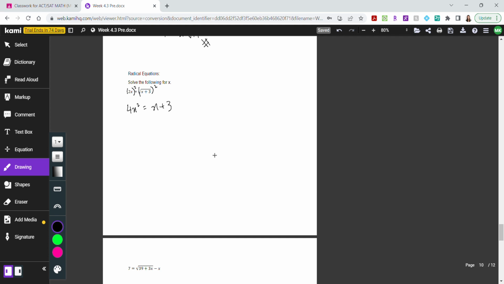We have an exponent of 2. Let's bring everything to one side. So we're going to get 4x squared minus x minus 3 equals 0. From here, I am going to test it out using the butterfly method.